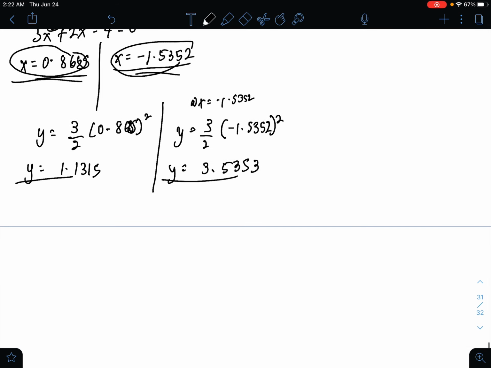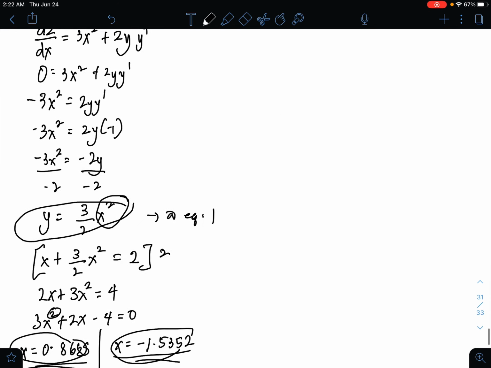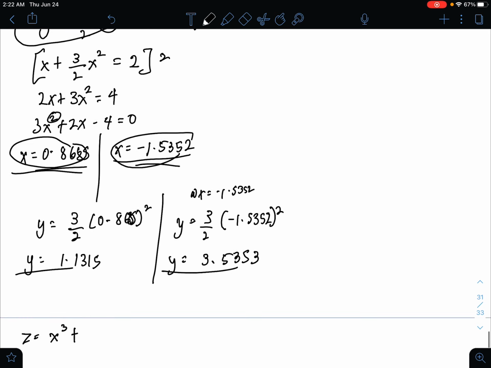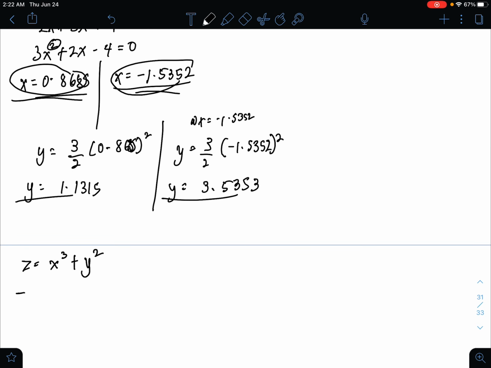into equation 2. So z is equal to x cubed plus y squared. So z equals, first, for these values: 0.8685 cubed plus 1.1315 squared.